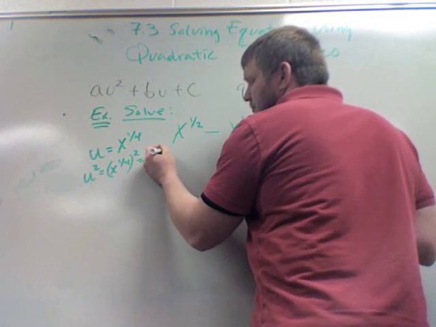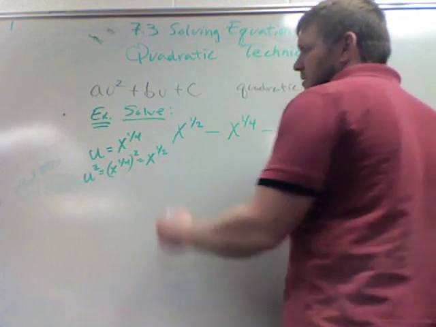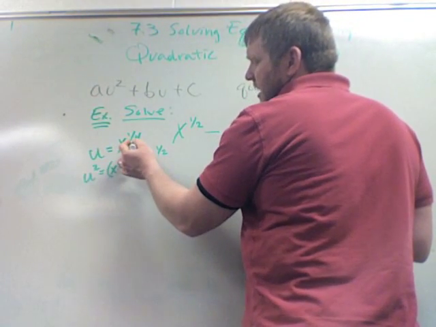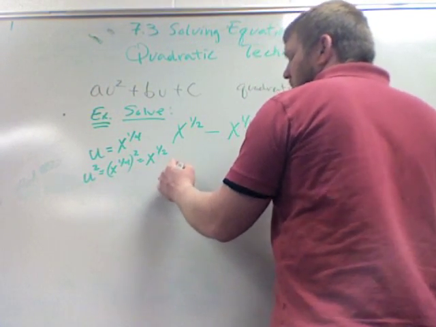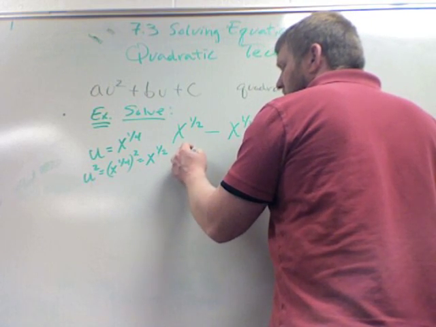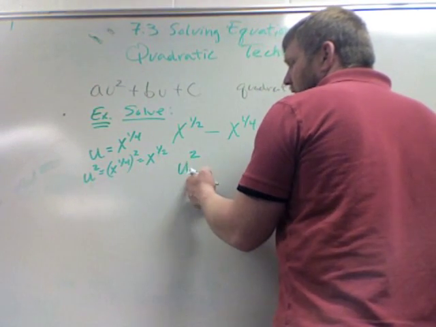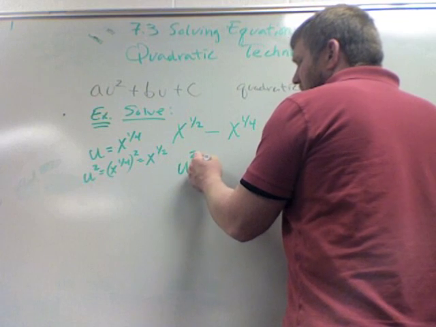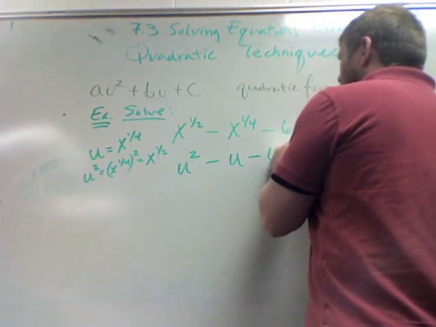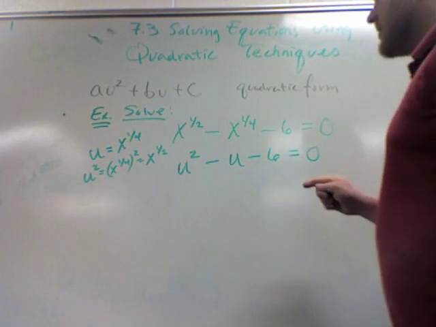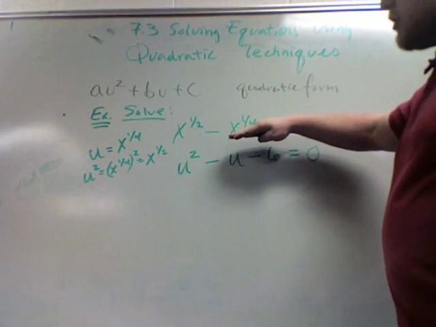So that's what I needed. U is equivalent to this, and u squared is equivalent to this. So I'm going to write u squared in place of this, minus u, minus 6 equals 0. Back to the same reason as before: why am I doing this?